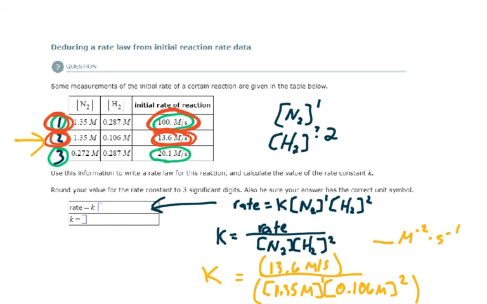So let's see what that number is. 13.6 divided by, open parentheses, 1.35 times 0.106 squared. And in this case, I ended up getting 897 to 3 significant digits, 897.